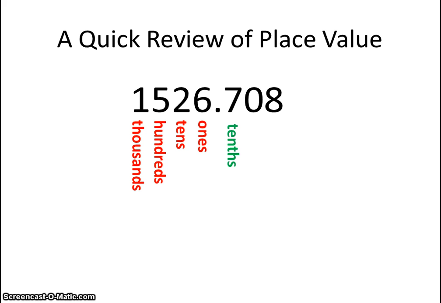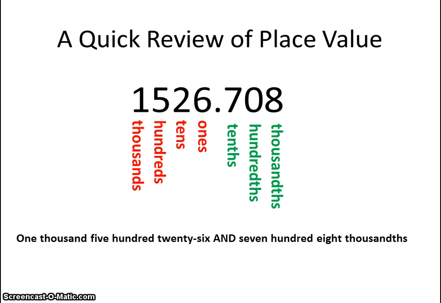The 0 is in the hundredths place, and the 8 is in the thousandths place. If I were to read this number, I would say 1,526 and 708 thousandths. Remember, when we're naming decimals, we always name the place value of the very last digit at the end of the number.